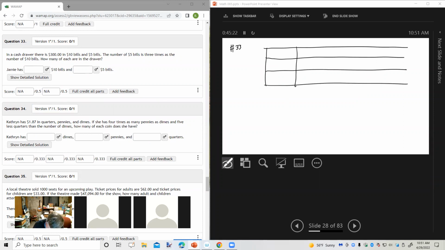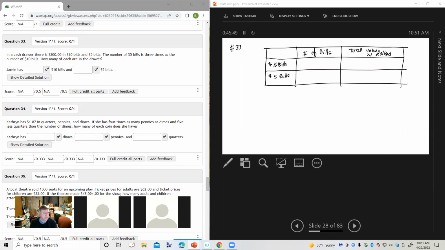Let's see, number of bills and total value in dollars. And we've got $10 bills and $5 bills.